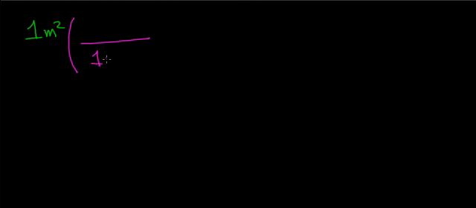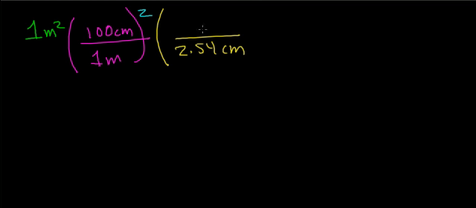So I know 1 meter equals 100 centimeters. Now I have to square the entire conversion factor, so I need to emphasize that. Then I'm going to multiply that by 2.54 cm over 1 inch, and I need to square the entire thing.